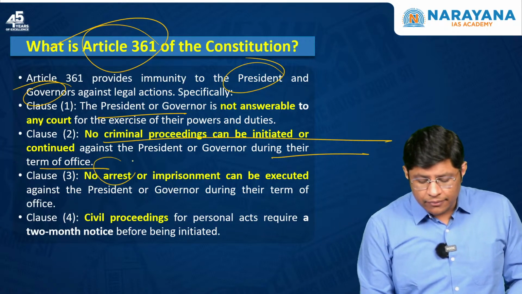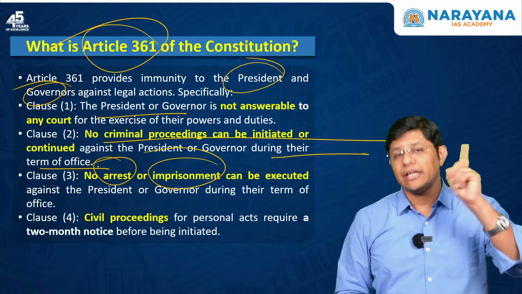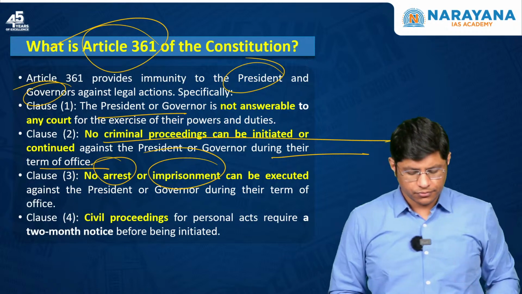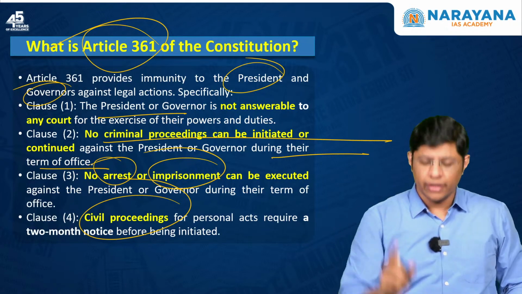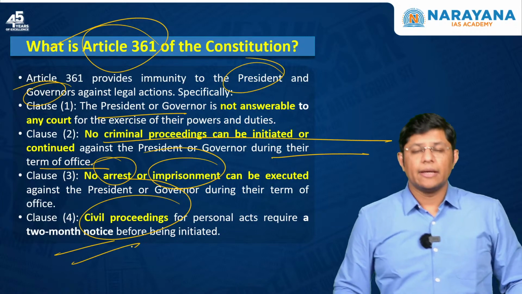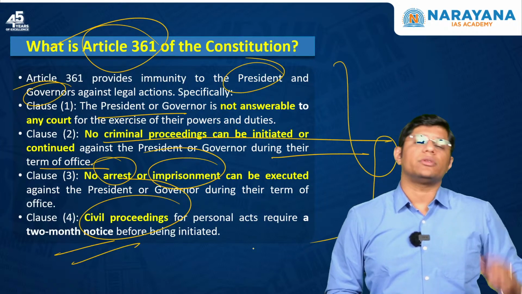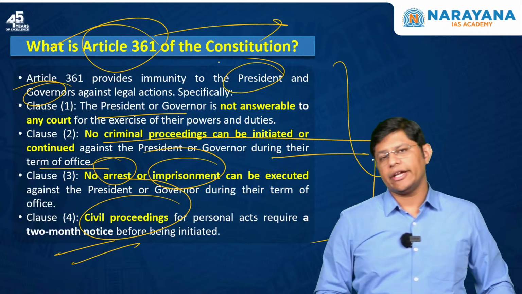At the same time, no president or governor can be arrested or sent behind the bars during their term as the constitutional position. Civil proceedings can be initiated, yes, but after giving 2 months notice to the president or the governor. So, these are the immunities granted to a president and governors under Article 361 of the Indian Constitution.